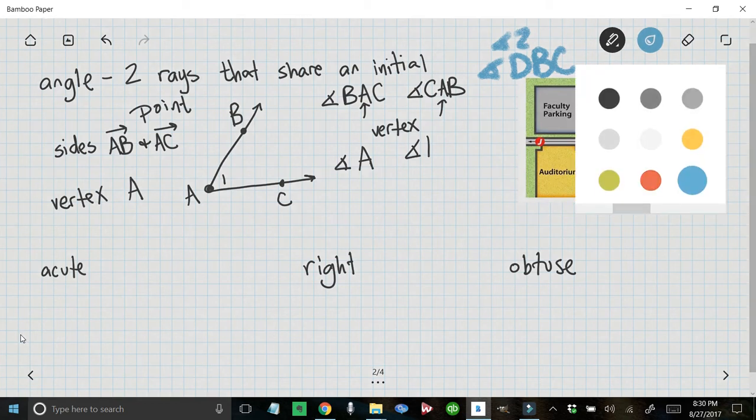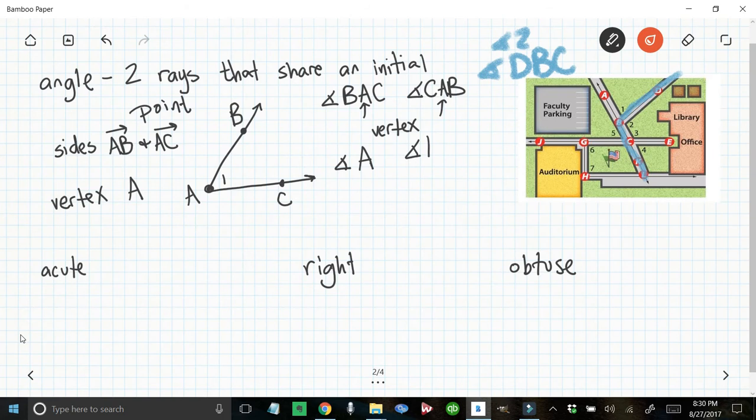Let's do one more. I'll choose red for this one. Let's say I wanted to name, I don't know, this angle right here. So if this were my angle, again, I could just say angle 5. And because that number is there, I would definitely go with that because it's easy to locate.